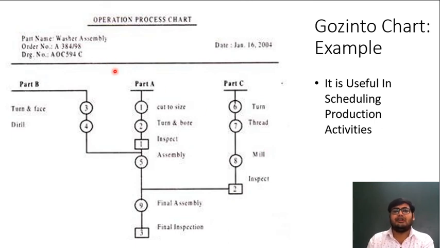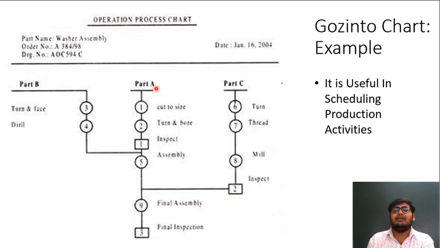For the washer assembly, how many raw materials will there be? There will be part A, part B and part C. Apart from this raw material, we need more data, because bill of material is not only about part data.